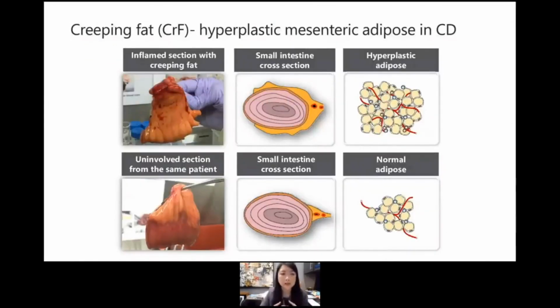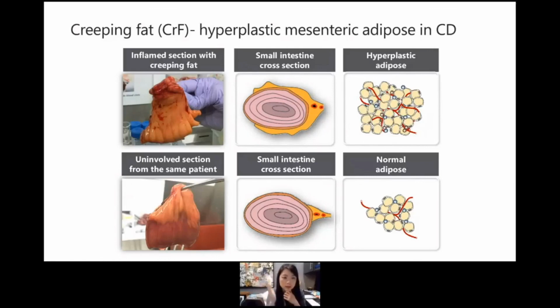So what exactly is creeping fat? We've got an image of creeping fat here on the top left panel. Creeping fat is essentially this abnormal fat development that just wraps around the inflamed gut. And in the image below, you'll see adjacent intestinal tissue from the same patient. This gut tissue doesn't have inflammation, and it doesn't have the unusual fat wrapping.